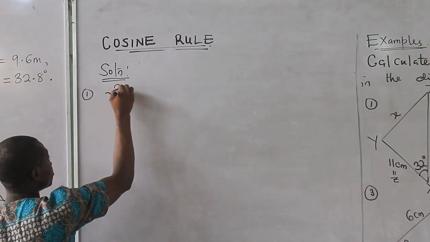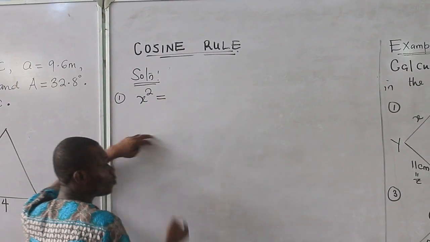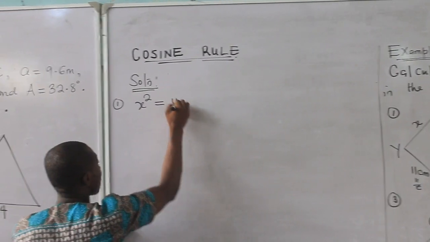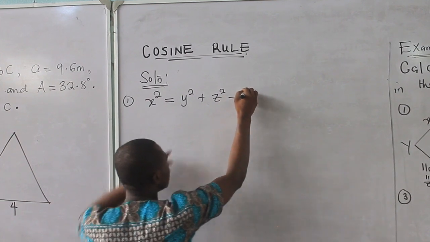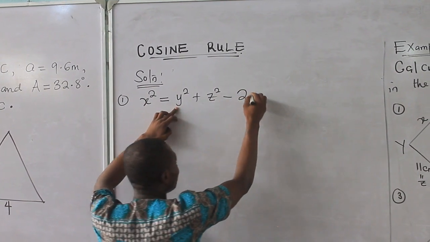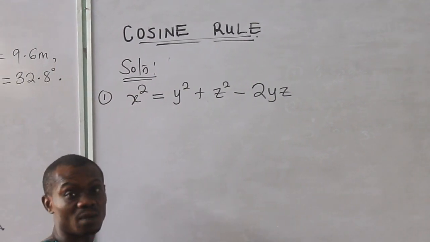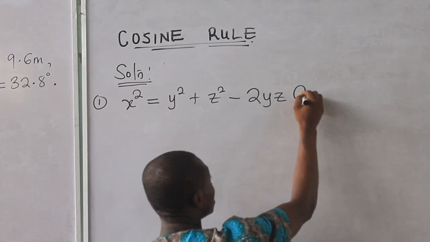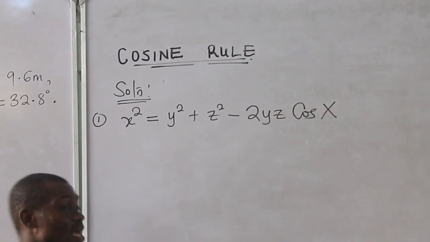So since x is what we are looking for, we start with x. So x squared will be equal to the square of the other two, which is y squared plus z squared minus 2 times the two of them. You don't need to cram any of these formulas, just understand the pattern and it's easy to recall each time. And so the cos of the angle of this one, which is capital X.